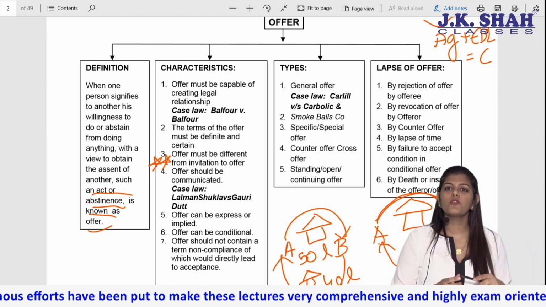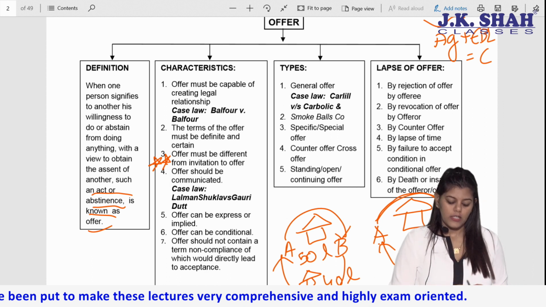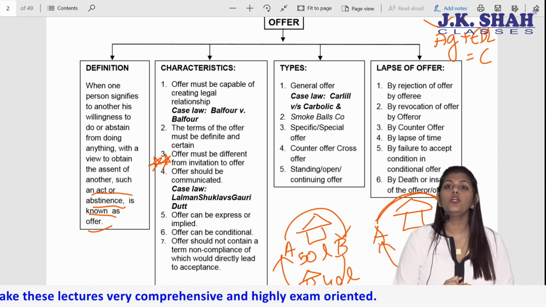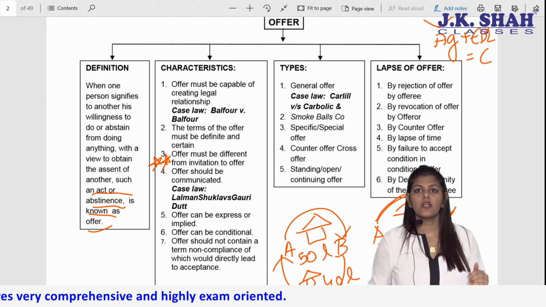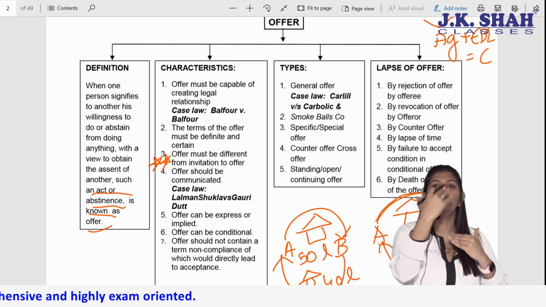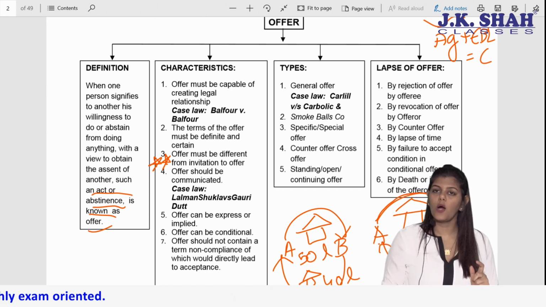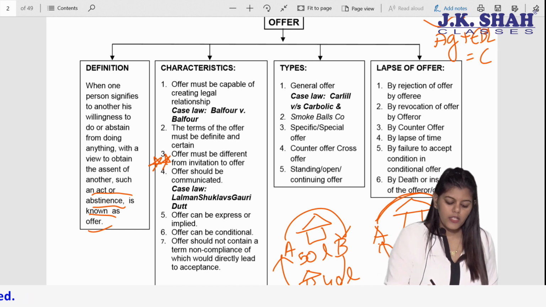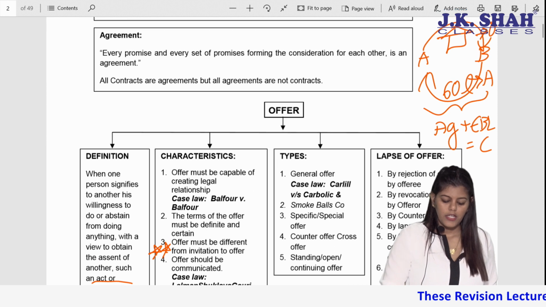He did not say yes or no, he threw another offer. This other offer is known as a counter offer. Yes, because your offer has been countered by another offer. That's counter offer.